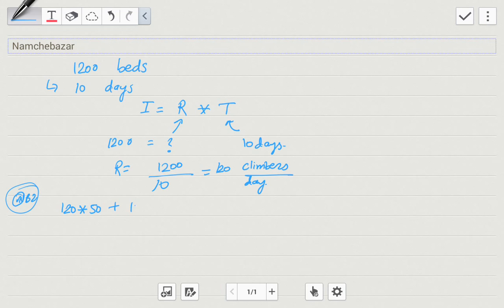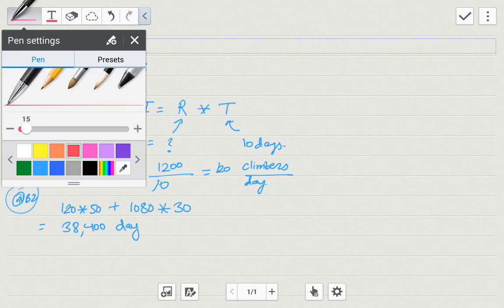There are 1,080 people who have been there more than a day, and these people spend $30. So altogether, the town receives $38,400 per day.